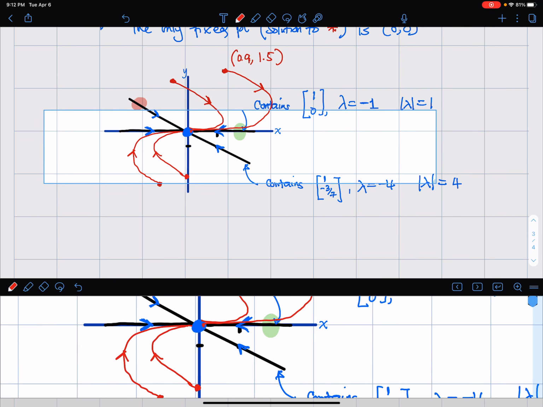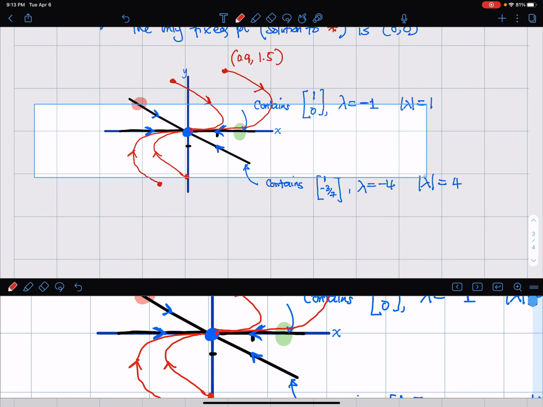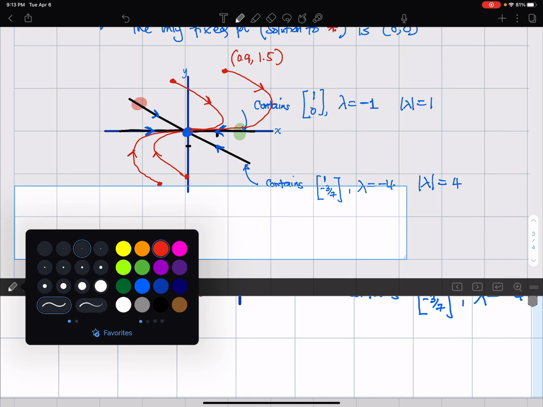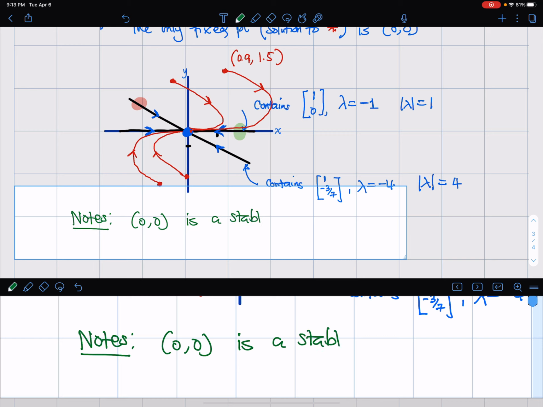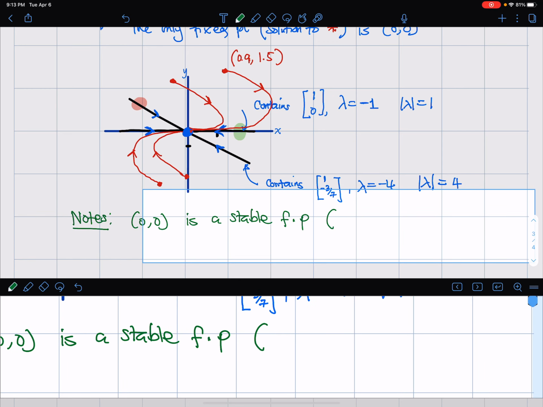We call this kind of behavior stable behavior. So 0, 0 over here. Let's make some notes. The origin here is a stable fixed point, or stable equilibrium point, and this happens when both eigenvalues are negative.